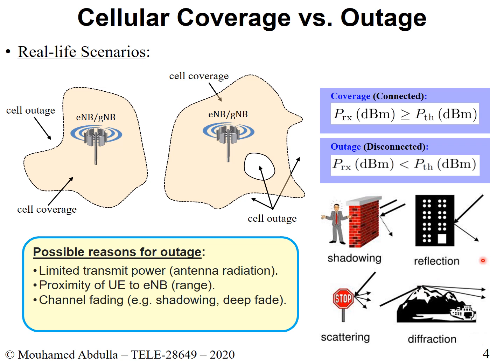It wants to go here, but suddenly it touches a sharp edge, and then it bounces somewhere else. These are all reasons why the coverage will be very irregular, and then you will have potential areas of outage.